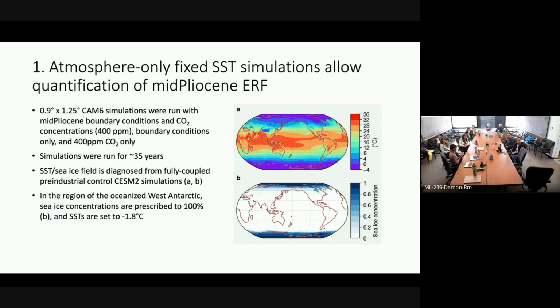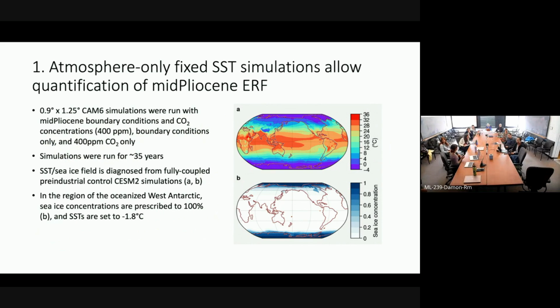We ran them for about 35 years, and we've prescribed SST and sea ice fields from the pre-industrial control. So as Vince talked about, if you have the forcing constant and you don't allow the sea surface to change, you just calculate the forcing from the net top of atmosphere radiative imbalance.